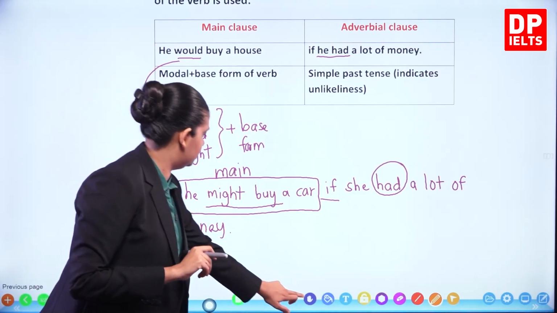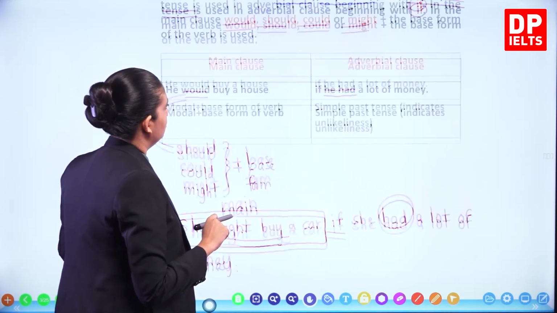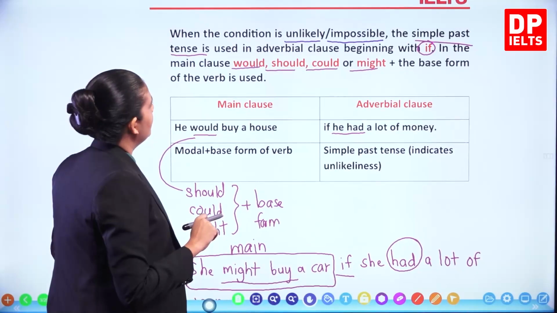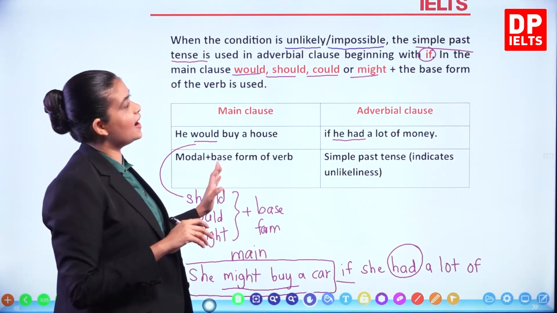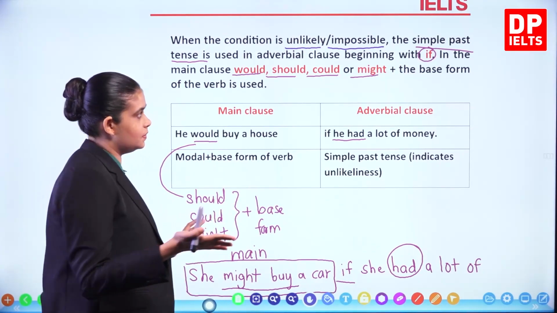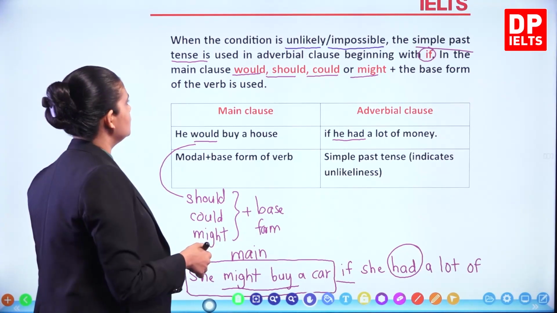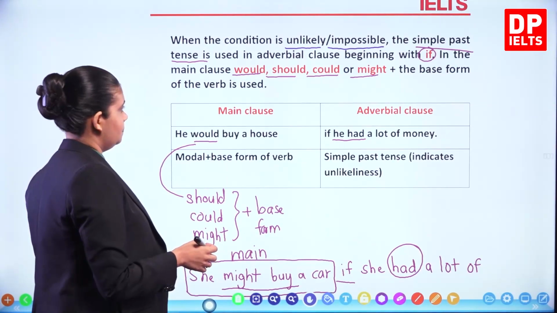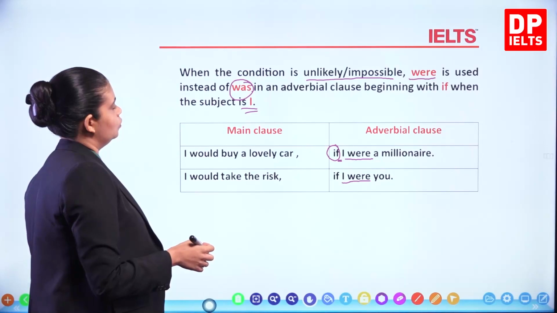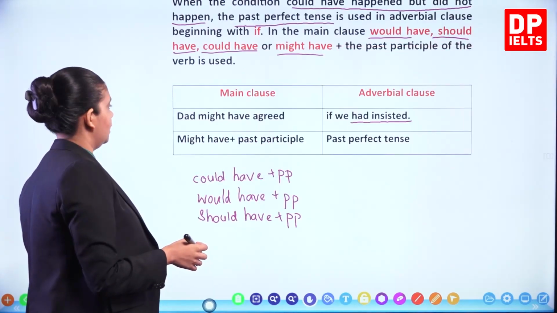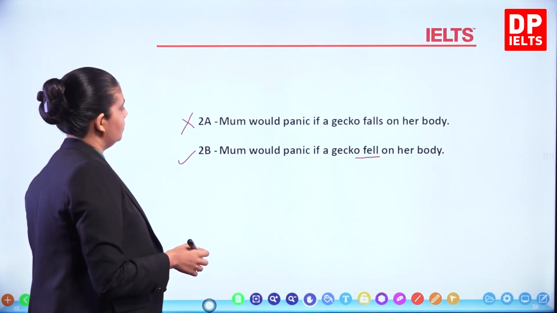This one here. Okay. If the condition is unlikely or impossible to happen, you use the simple past tense with would, should, could or might.